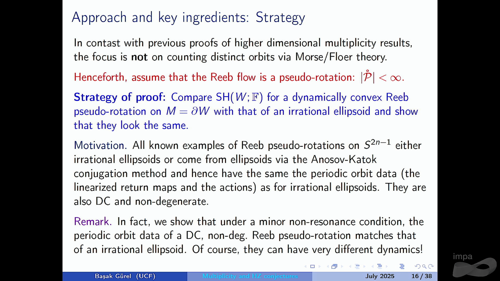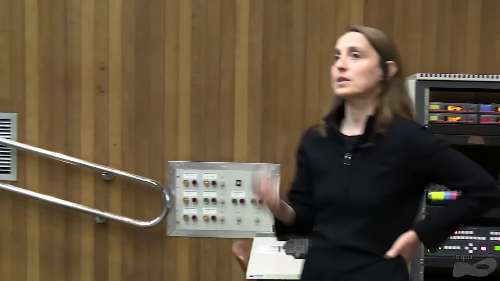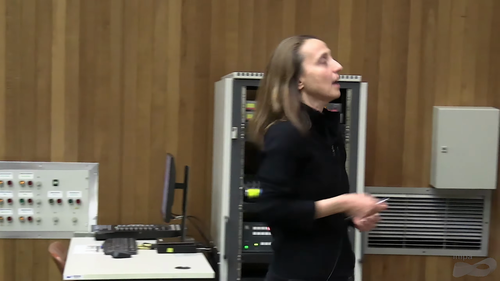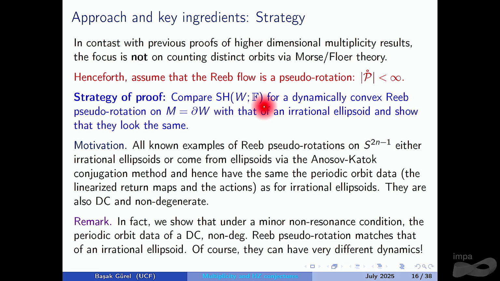Okay, so what's the strategy of the proof? First of all, in essentially the rest of the theorems, please keep in mind that I'm going to assume that the Reeb flow is a pseudo-rotation. In other words, there are finitely many periodic orbits in the picture, and you will see me reminding you of this assumption repeatedly. The strategy of the proof is rather simple.